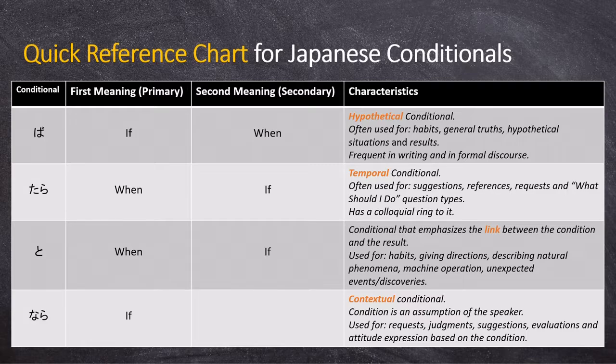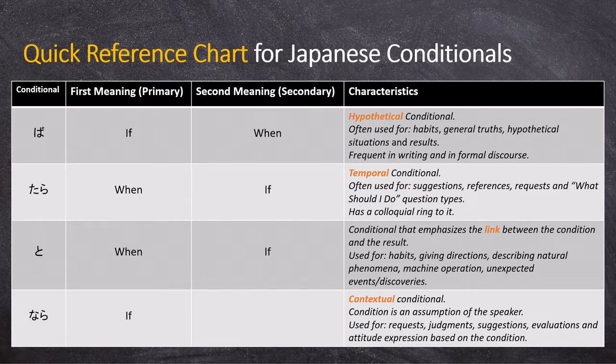So tara will allow you to learn a lot more flexible and useful constructs when you master it. As far as recommendations go on which conditional to learn first, I think that tara would be the best place to begin simply because it is really flexible and easy to learn how to build.